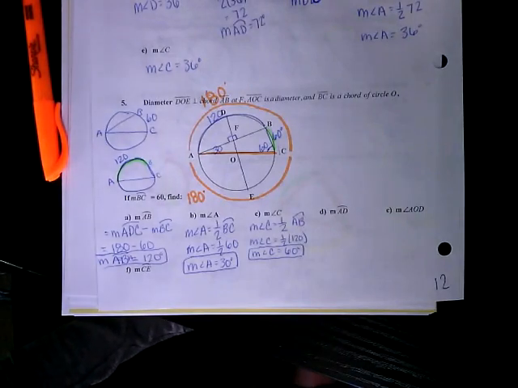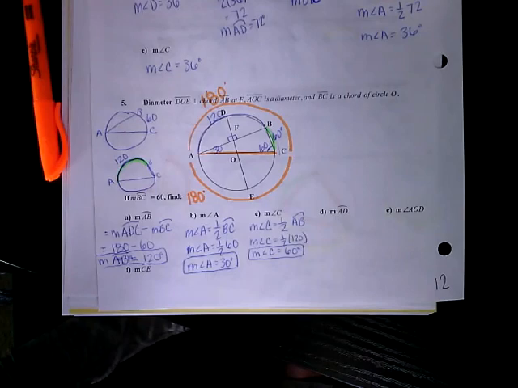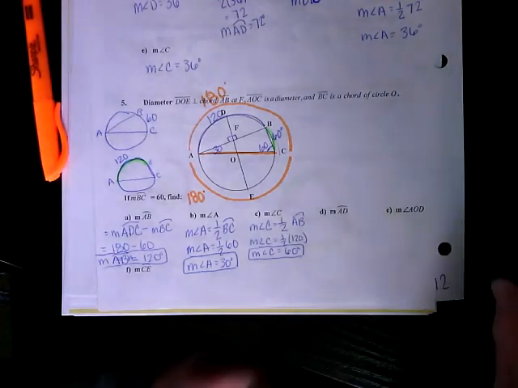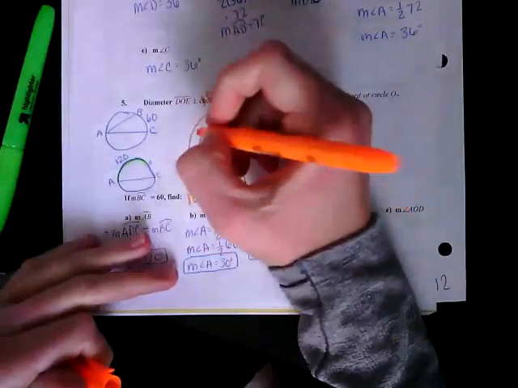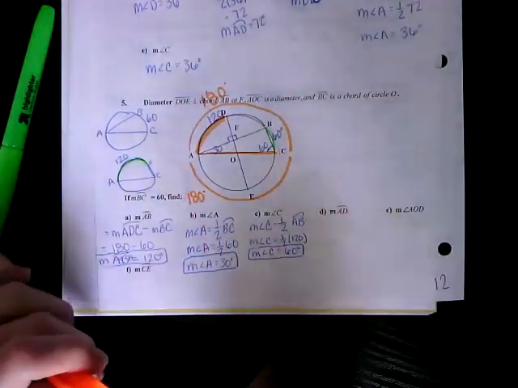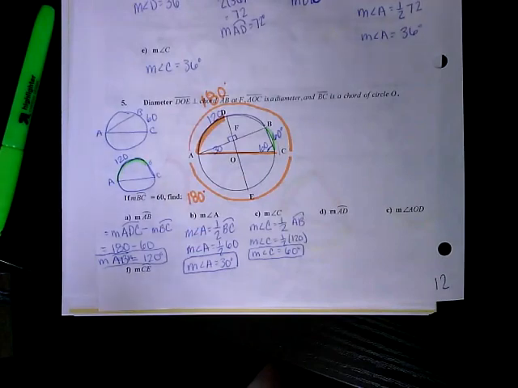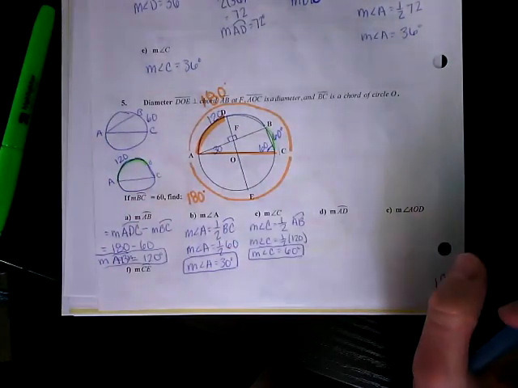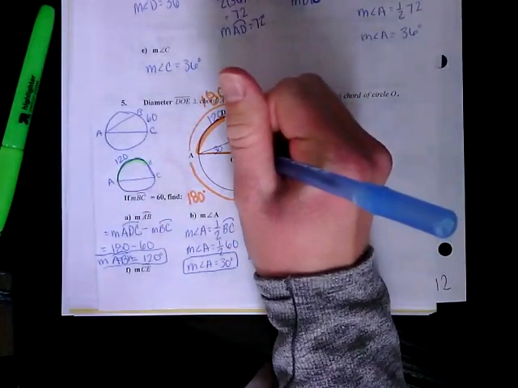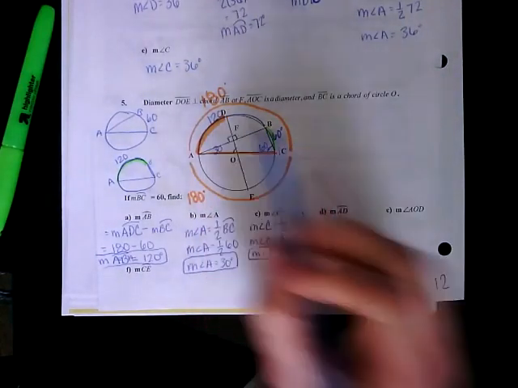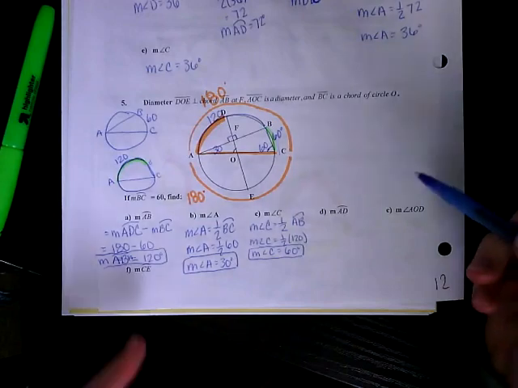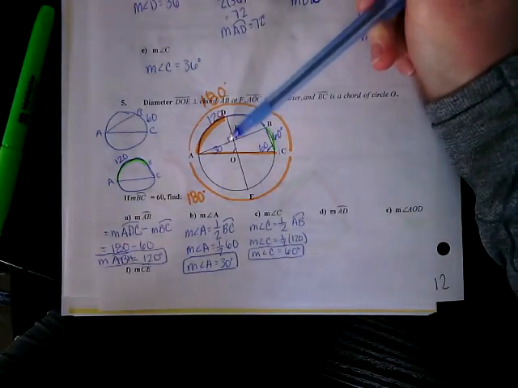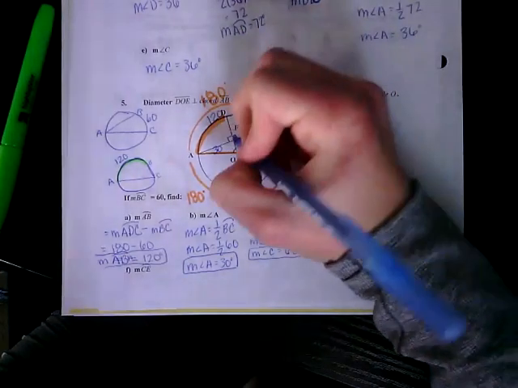Okay. So now we want to find the measure of arc AD. Okay. So this is arc AD here. Now, AD is not intercepted by an inscribed angle, but it is intercepted by a central angle, angle AOD. Now let's think about this. We were told that diameter DOE is perpendicular to this chord, okay?